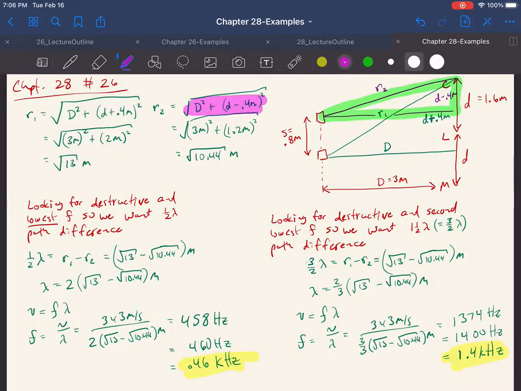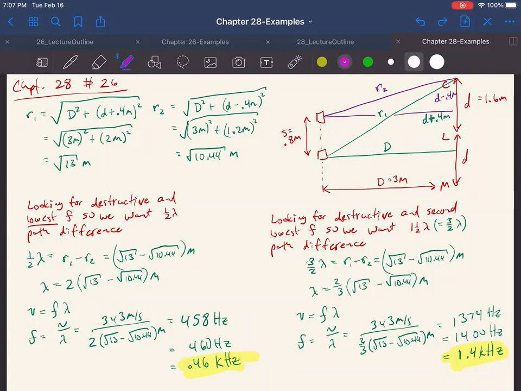And I did the Pythagorean again, so R2 equals the square root of D squared plus (d minus 0.4 meters) squared. And so that gives me each one of them in their length. So this one turned out to be square root of 13 meters, and this one turned out to be square root of 10.44 meters. Neither one of those is a real pretty number, so I'm just going to leave them like that.